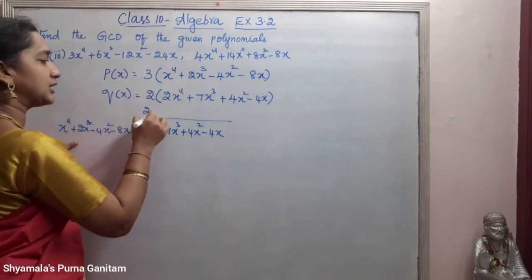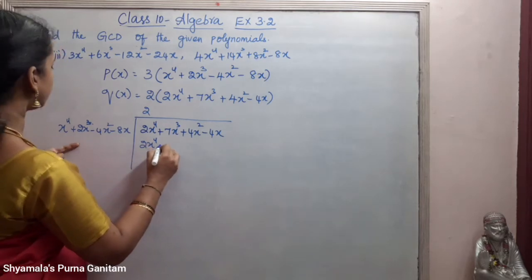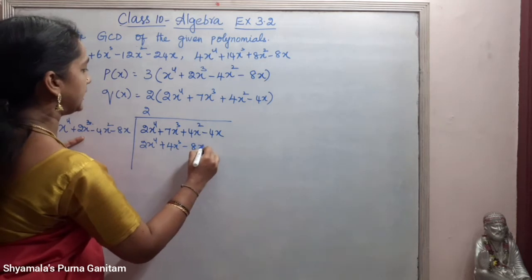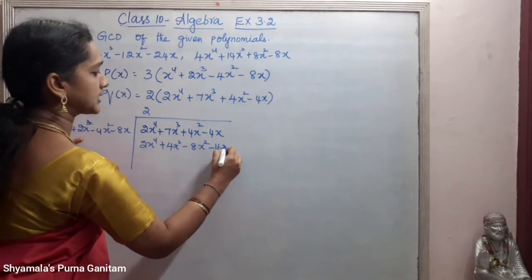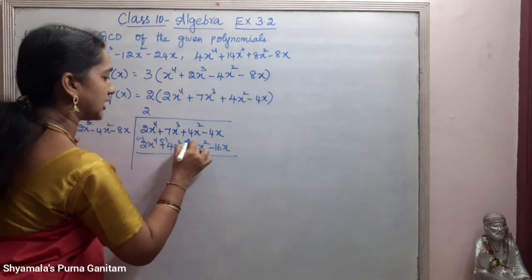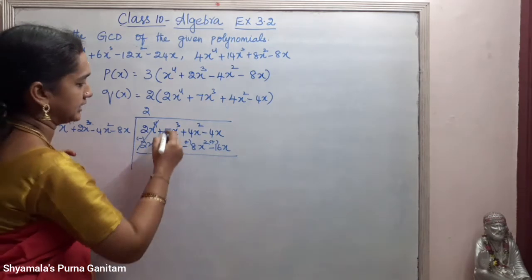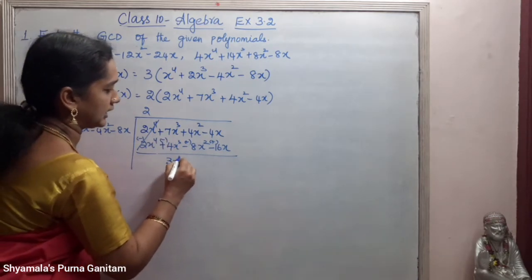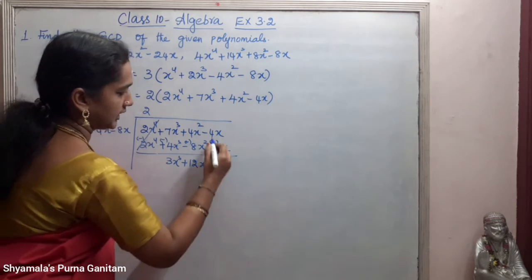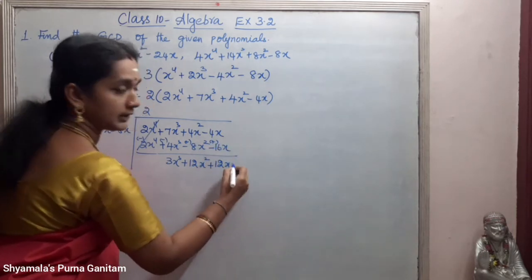So when we multiply this by 2, we will get 2x power 4 plus 4x cube minus 8x squared minus 16x. So when we subtract this, we will change the sign here. Then this x power 4 term will get cancelled. So the remaining will be 3x cube plus 12x squared. Then plus 16 minus 4 is 12x.